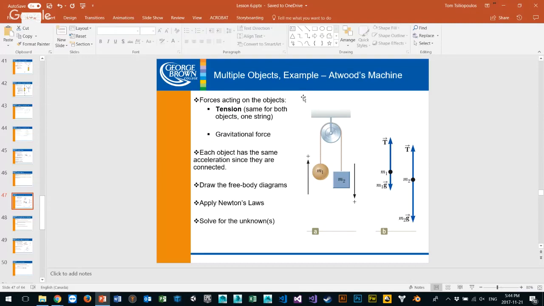So this one here, I was talking about it before we left, in the last video. We can talk about what the free body diagram looks like. You can see that there's two, right? You've got one free body diagram that represents this side, and another that represents this side. But guess what?